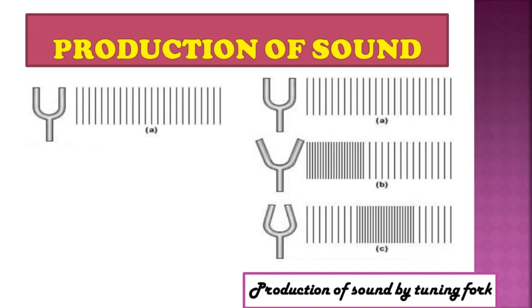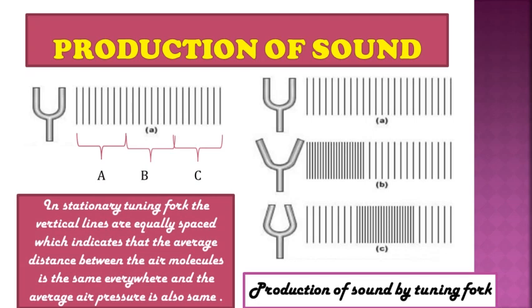Here the vertical lines are equally spaced, which indicates that the average distance between the air molecules is the same everywhere, and the average air pressure in the three regions, that is A, B and C, is also the same. So this was about the A part.